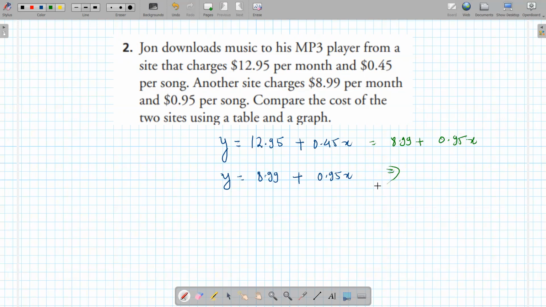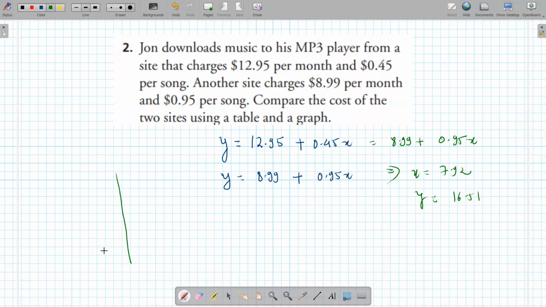So in this case, where they meet is going to be 12.95 minus 8.99 divided by 0.95 minus 0.45. So x is 7.92, which would mean y is going to be 16.51. So this is where they meet, okay?